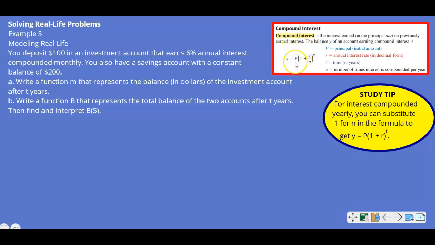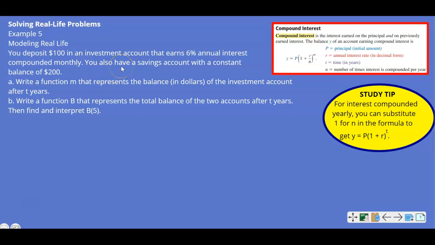So y equals p, your principal, times 1 plus your rate r divided by n, the number of times the interest is compounded yearly. So if it was monthly, it'd be 12 times in a year, raised to the n times t power.